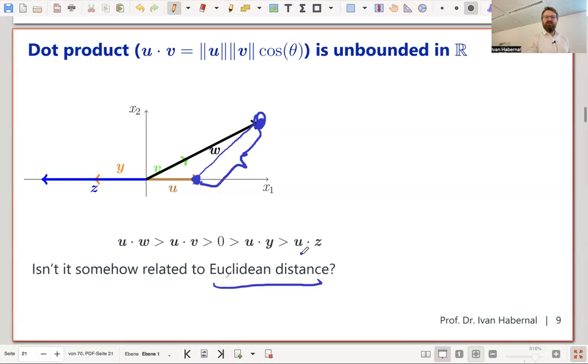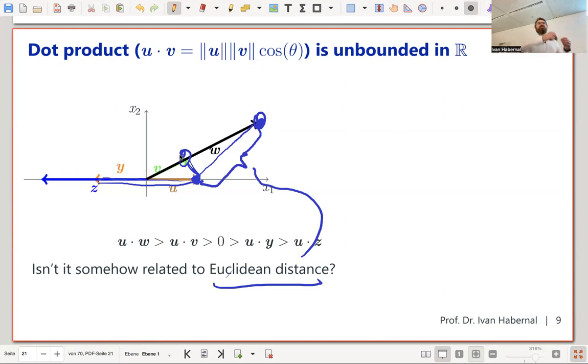This is the Euclidean distance between two things. Now we see that by changing the product, we're also changing the Euclidean distance between all the points. So maybe there's some relation between the cosine, the product and Euclidean distance, right? Is there any or not? Let's find out.